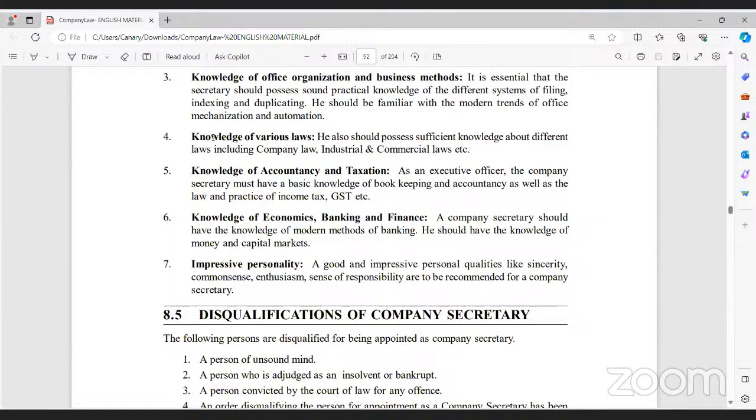The next one is knowledge of accountancy and taxation. Yes, because he is the one who has to take care of the entire firm and see that the firm's goals and objectives are achieved within the budget and resources available, cost effectively.